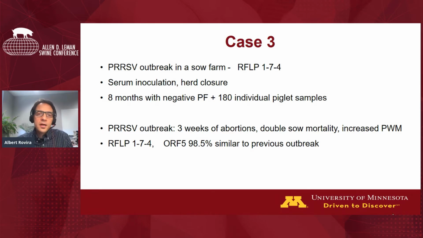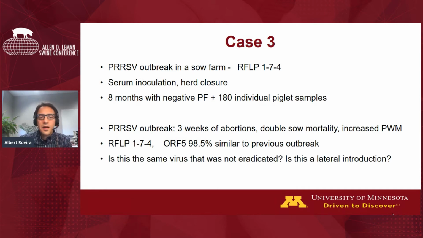They sequenced the virus, of course, and this virus was 98.5% similar to the previous virus, and it was also 174. So is this the same virus? The first outbreak and the second outbreak, is this caused by the same virus? If it was the same virus, how come the second outbreak is so aggressive?